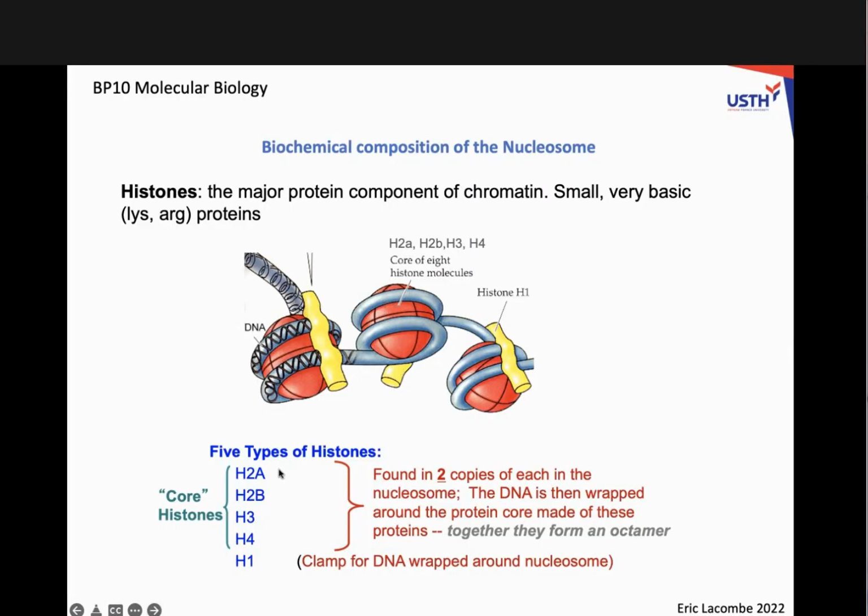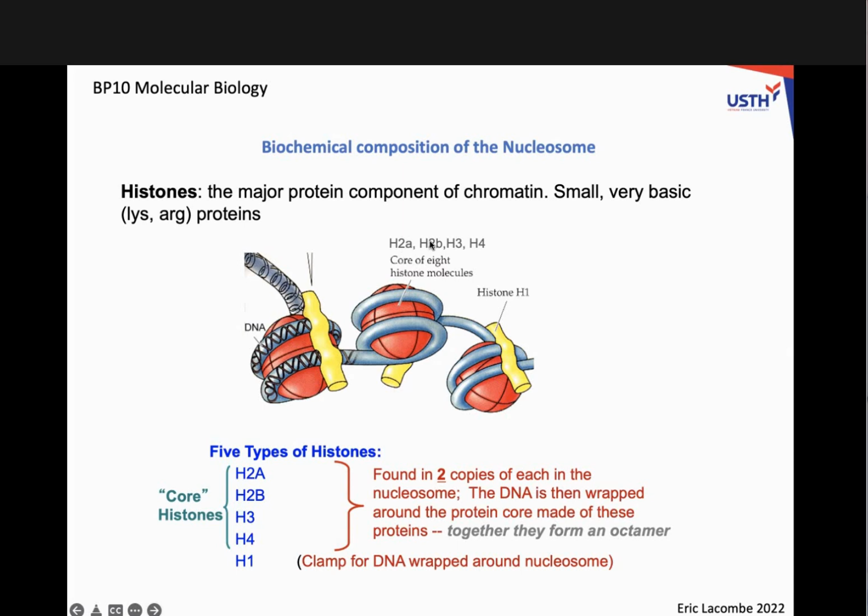What's happening in terms of stoichiometry is that we have one tetramer, which is composed of 1 molecule of H2A, 1 of H2B, 1 of H3, and 1 of H4. This tetramer is duplicated in 2 copies to make the octamer. So the octamer at the end contains 2 H2A, 2 H2B, 2 H3, and 2 H4. These are the 8 histones, what we call the core nucleosome.